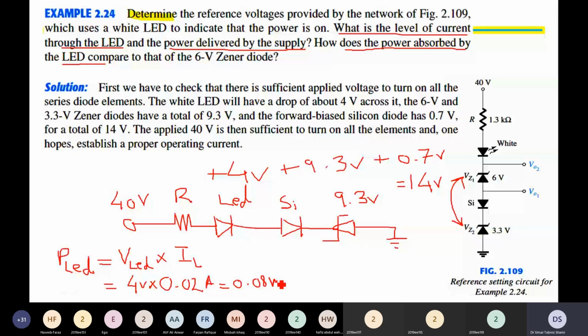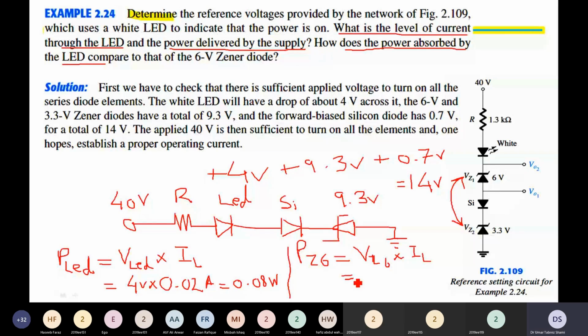Now let us come to the power absorbed by the 6 volt Zener. I will write PZ6, which represents the power absorbed by the 6 volt Zener. PZ6 is equal to the voltage across the 6 volt Zener diode multiplied by the current IL.